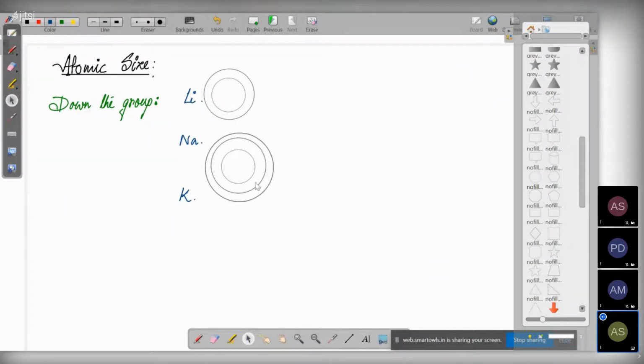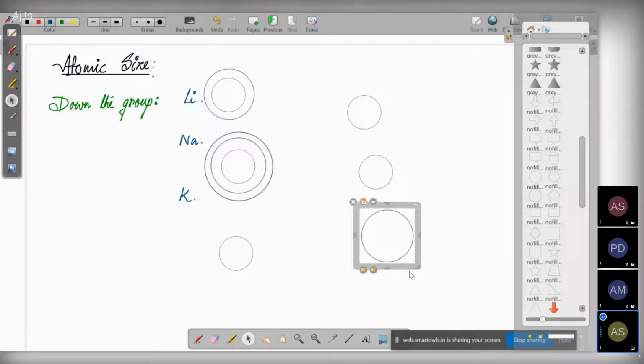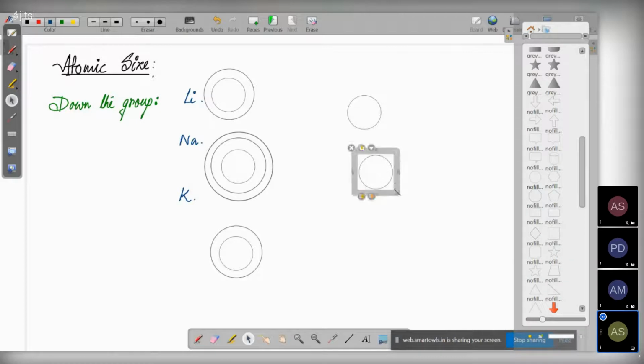So can you see? As the number of orbits is increasing, what is happening? The atomic size is increasing because now there are a greater number of orbits circling the nucleus. So naturally, the atomic size will also increase. For potassium, the atomic size increases even more.